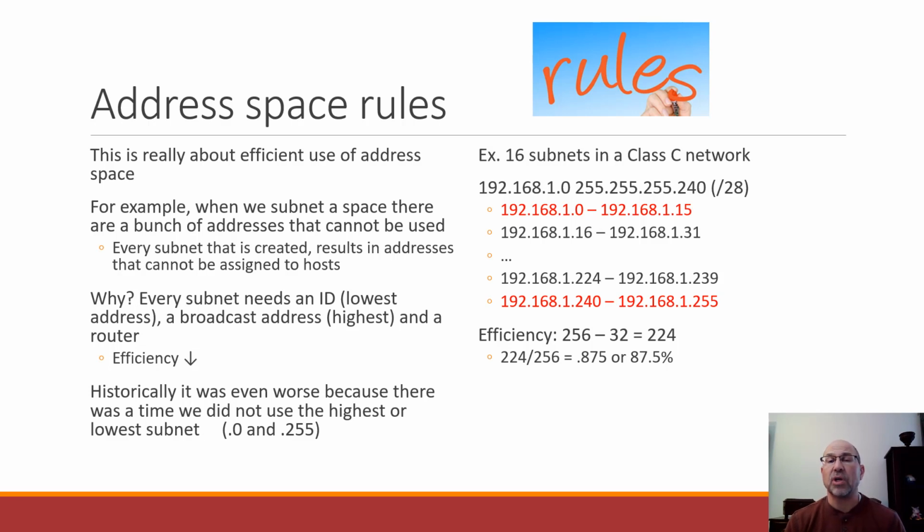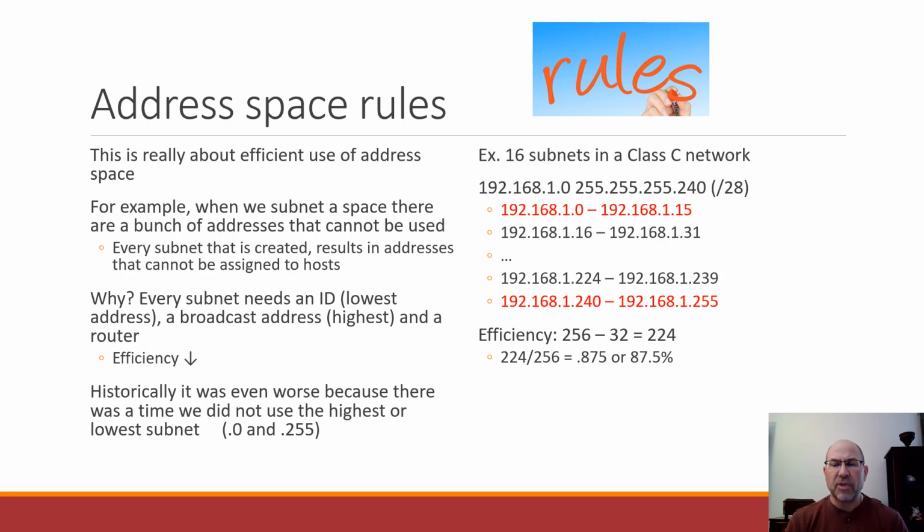Let's say that you were going to create 16 subnets in a class C network. That means that you would have a /28 address space, and the mask would look like the one you see there on the right. We would create 16 possible subnets, and each one of them would have a subnet ID, and each one of them would have a broadcast ID.